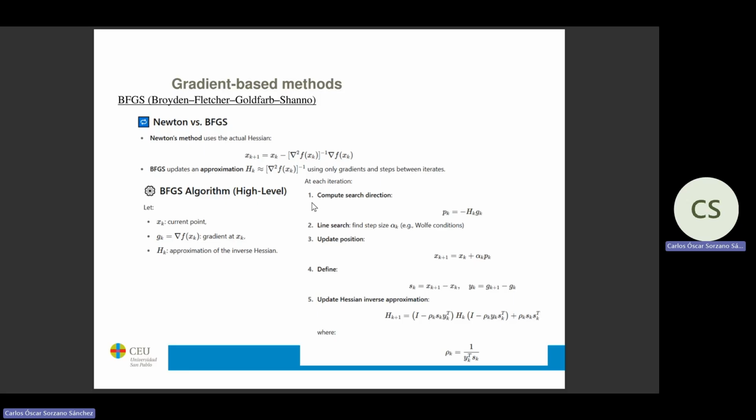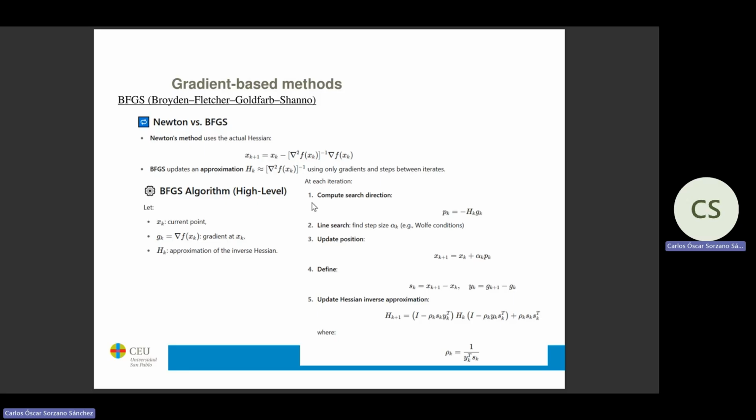Instead of inverting the Hessian matrix, we will construct an approximation to that matrix. You need the gradient or an approximation of the gradient, and then you proceed in this way. Let's say the first estimate of the inverse Hessian is the identity.